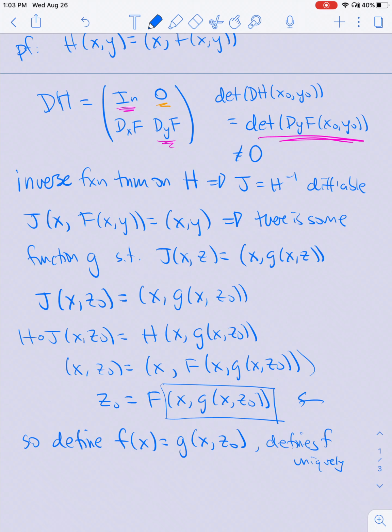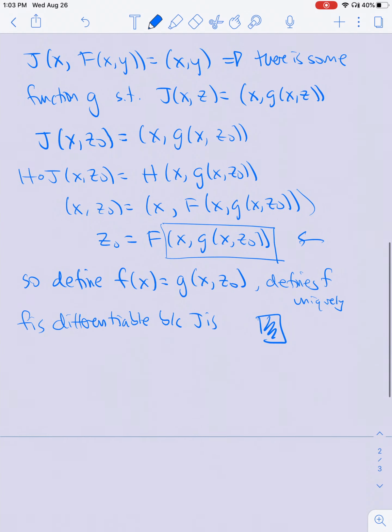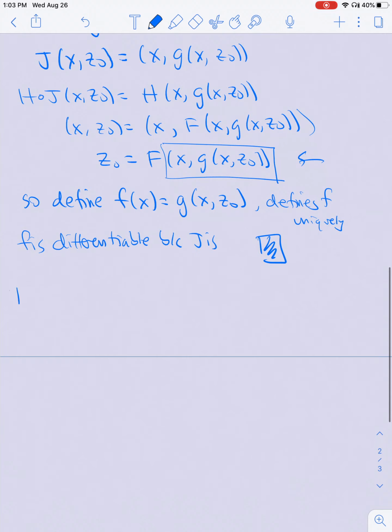And f is differentiable, sort of because j is, and f is derived from j. That might not be super satisfying because it doesn't tell you how to compute the derivative of f. So what we'll do next is compute the derivative.